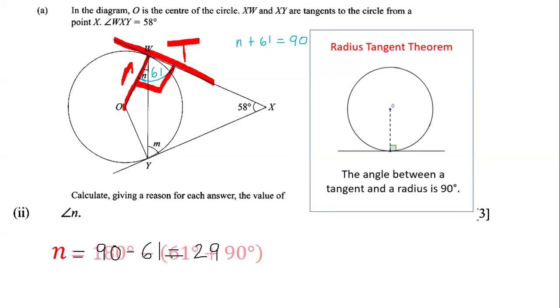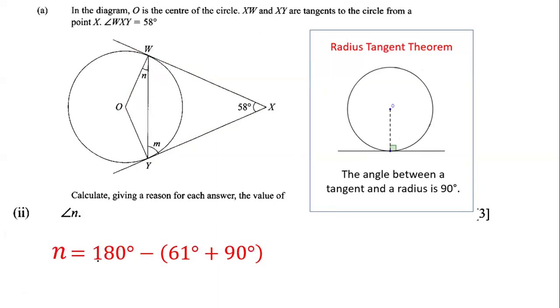Now I had something here, let me erase this. I had 180 degrees minus 61 plus 90. This is another way to do it. I shouldn't say it's wrong, it's just another way to do it. But I want to use this way, which is we know that according to the radius tangent theorem, this whole thing is 90 degrees.